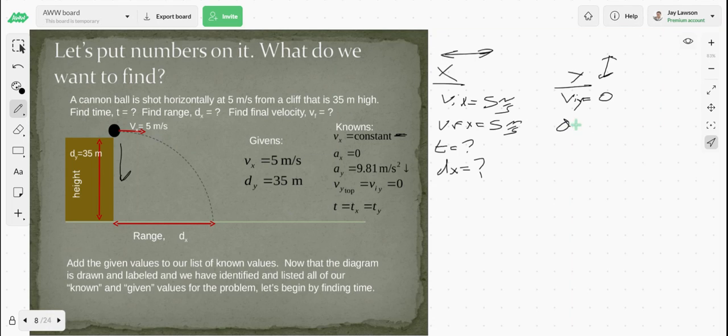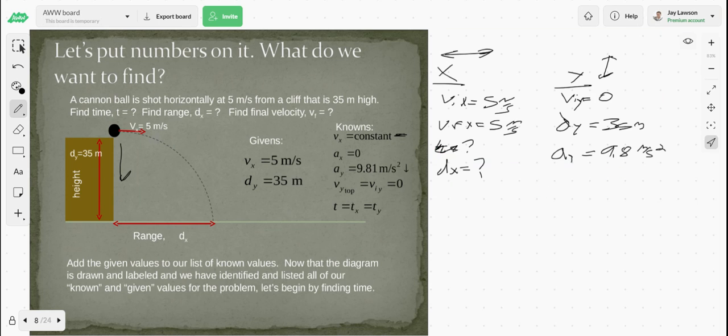We know also the displacement in the y direction. Why? Because that was given to us to be 35 meters. We're given the height of the cliff. So in the y direction, the distance is 35 meters, and the acceleration is 9.8 meters per second squared, because this is essentially in free fall. So we know that to be 9.8 meters per second squared.